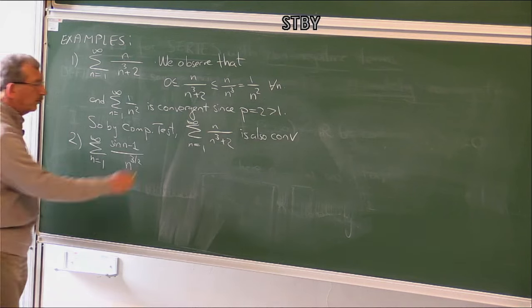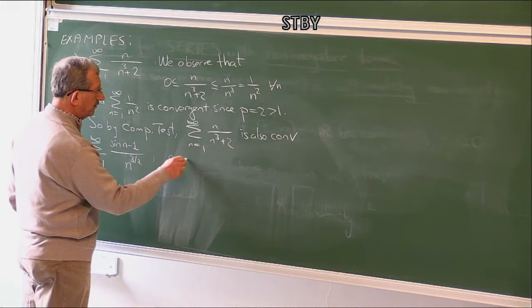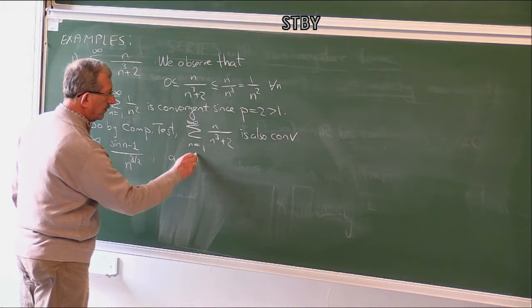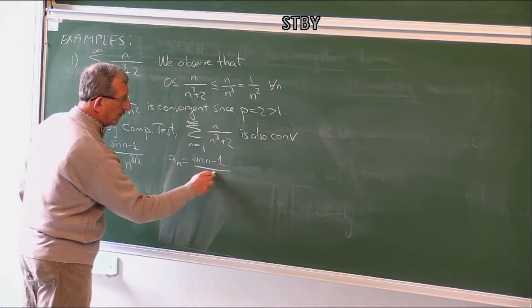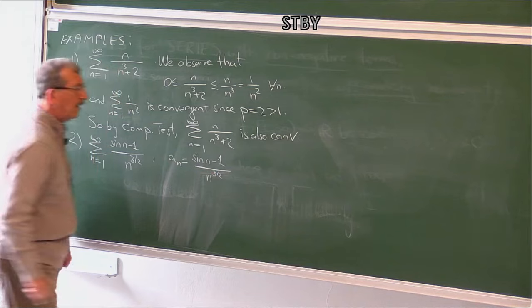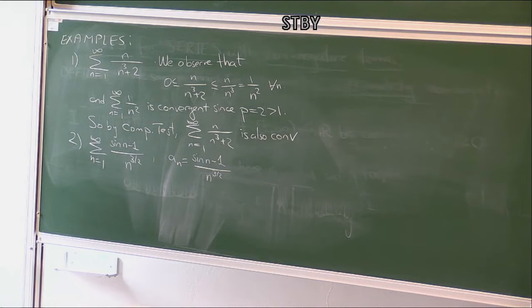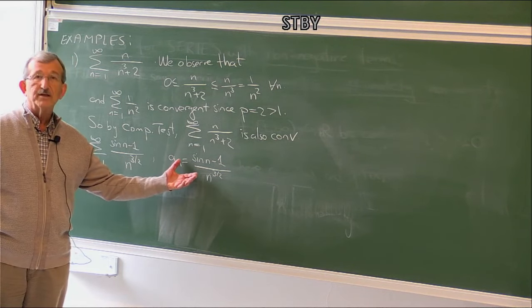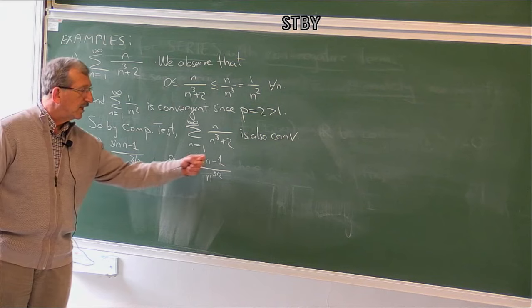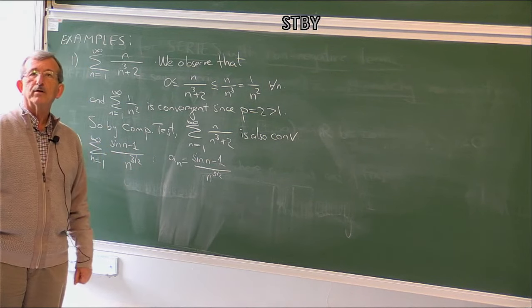Now, when we look at this a_n here, we observe that it's not positive. So we have a problem, but the problem is not a big one. Namely, it's not positive, but it's always negative, because sine n cannot be bigger than 1.